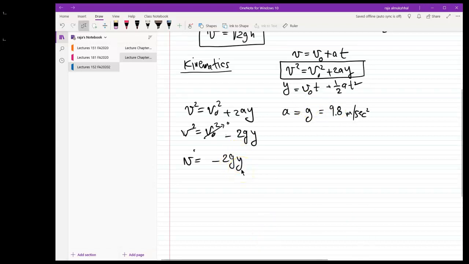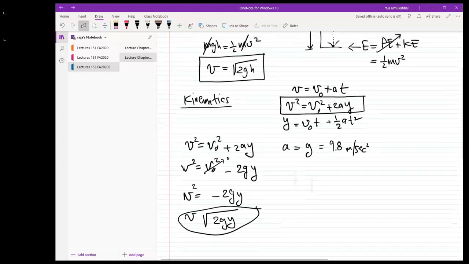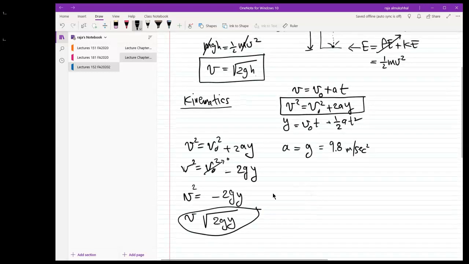So we have V squared equals negative 2GY, which makes it V equals the square root of 2GY, because this negative and the negative height here become positive. And there we go, this is the velocity. It looks exactly like the one we did for the method of energy.